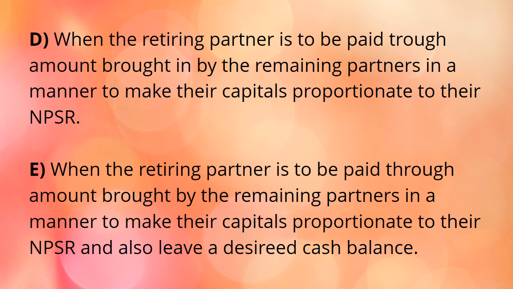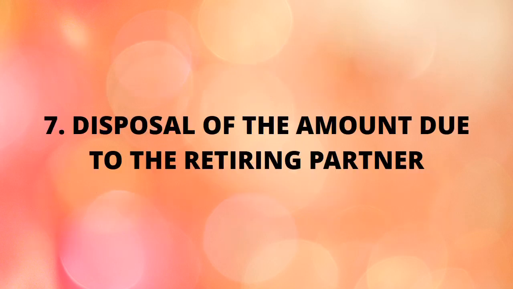E number, when the retiring partner is to be paid through amount brought by the remaining partners in a manner to make their capitals proportionate to their NPSR and also leave a desired cash balance. 7 number, disposal of the amount due to the retiring partner.